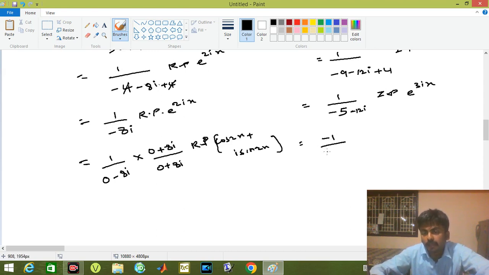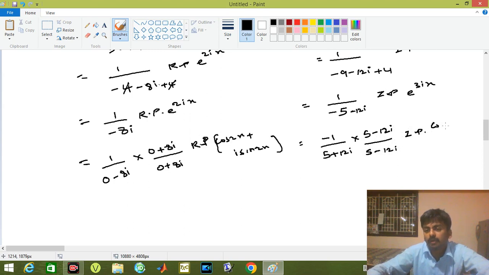So minus 1 divided by 5 plus 12i into 5 minus 12i divided by 5 minus 12i into imaginary part of cos 3x plus i sin 3x. Dear students, here the minus is common, whereas here minus is not common. The real part is neither positive nor negative.